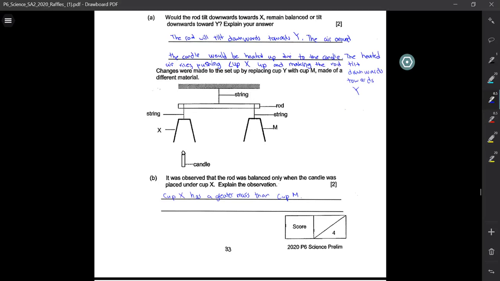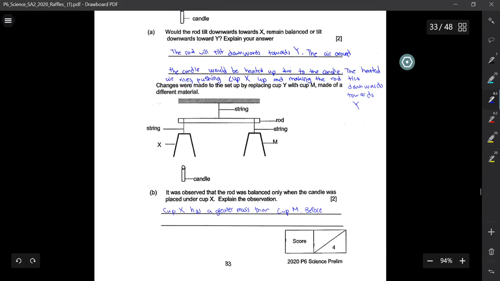And why so? Alright, so if you think about it, before the candle, let's say this is the rod. This is the string right here. This is cup X, and M is here.